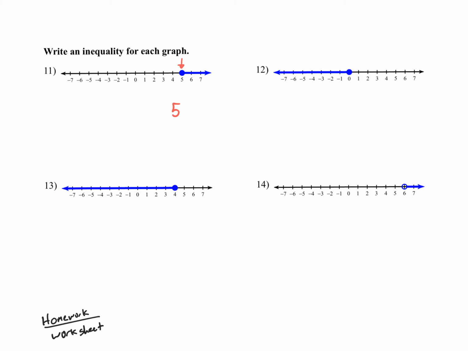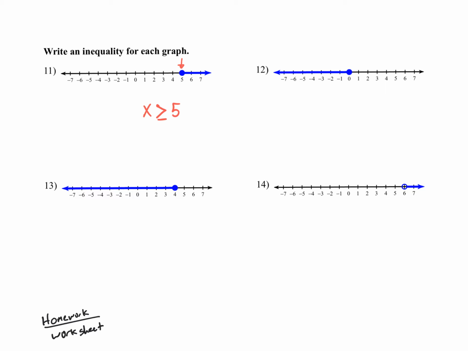So I'll just go ahead and I generally always write the x first. So notice the x. So these numbers to the right of here is where it's shaded. So notice these numbers are larger than 5. So that means I'm going to draw my inequality where the x is larger than the 5. And I need to add the or equal to because it's a closed circle.